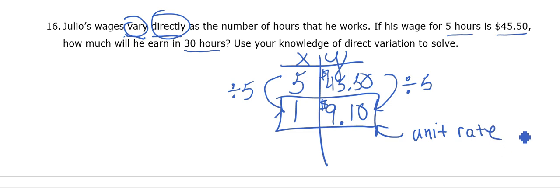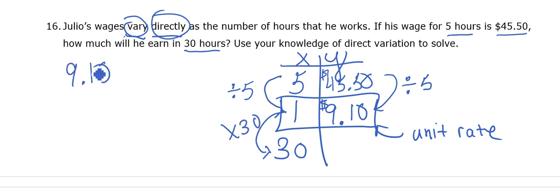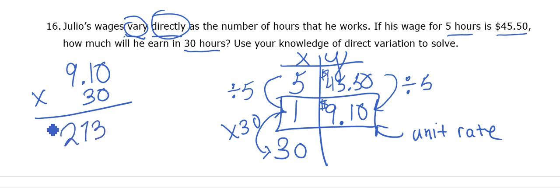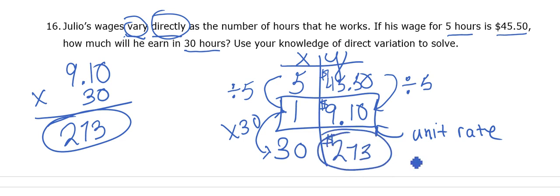So now I can take this and figure out how much he's earning for 30 hours. So now I'm going to take my 9.10 and I'm going to multiply 9.10 times 30 for 30 hours. And when you multiply those, you should get 273. So for 30 hours of work, they're earning $273.